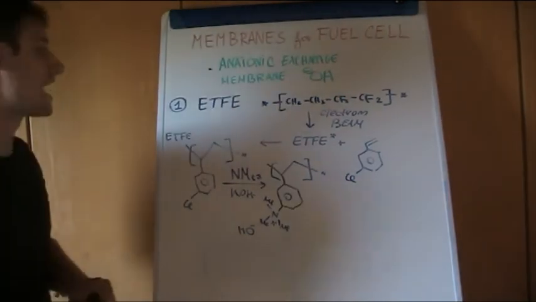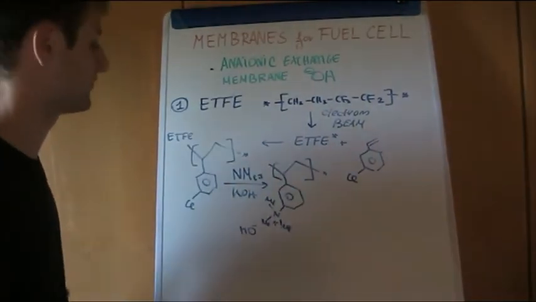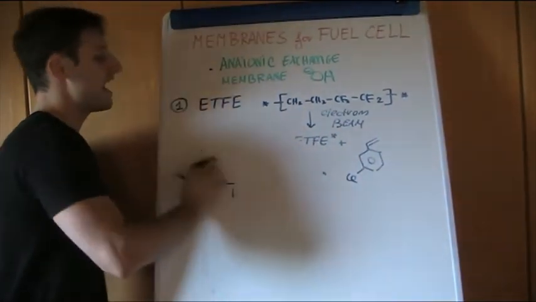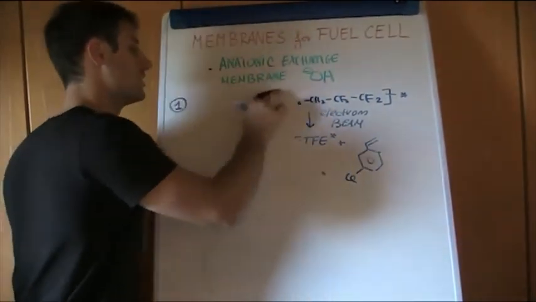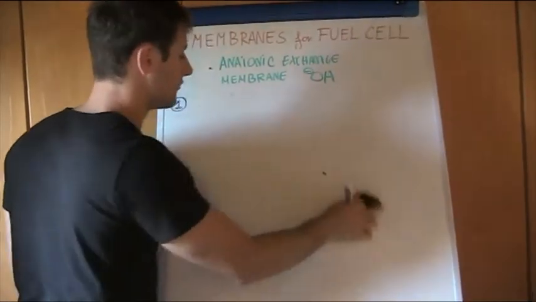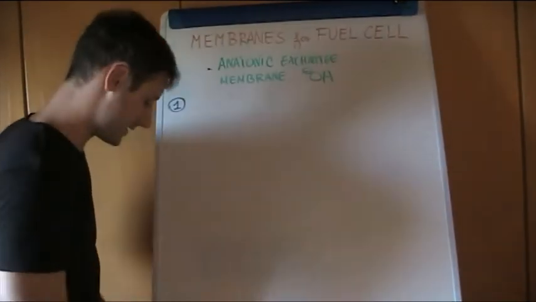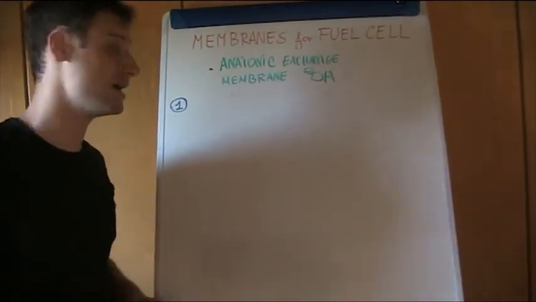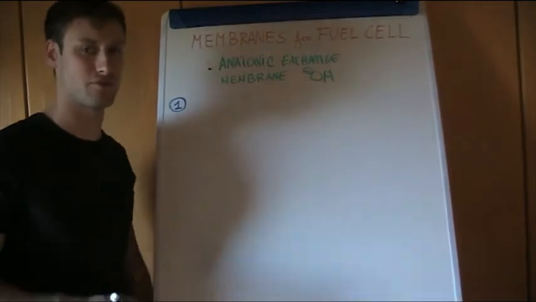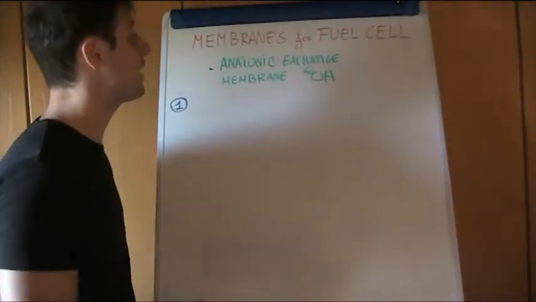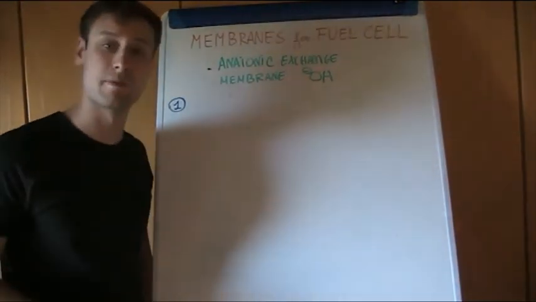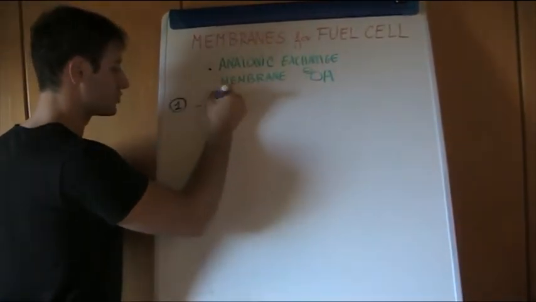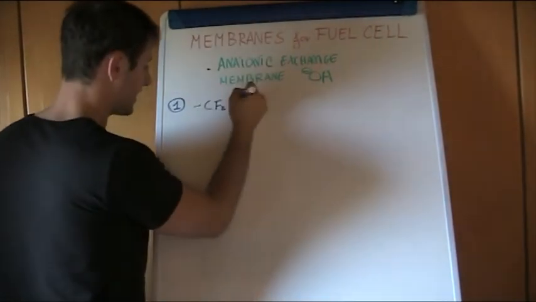So this is the first type of anionic exchange membrane that we have described, but we also have the possibility to exploit Nafion. But Nafion, we know, is a quite interesting membrane for the vehiculation of H+, a proton exchange membrane, but it could even be modified with a specific treatment in order to allow the movement of these anions with respect to protons. So, for instance, the well-known structure of Nafion should be rewritten here again.